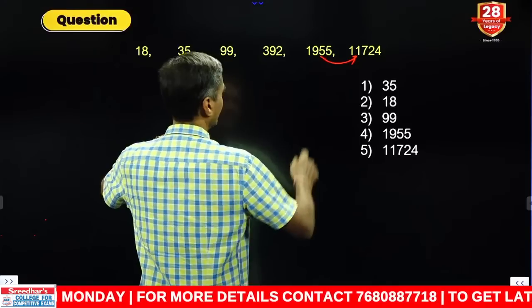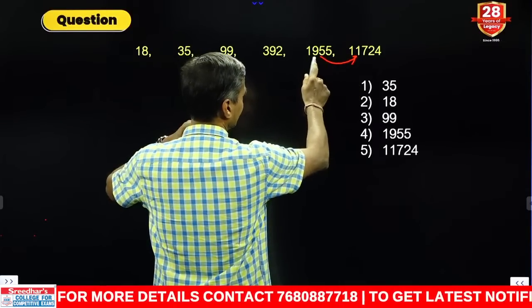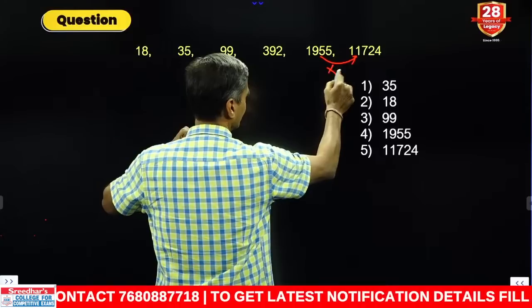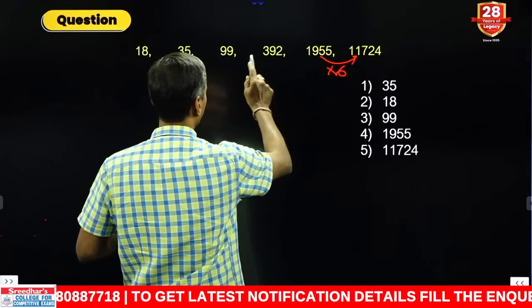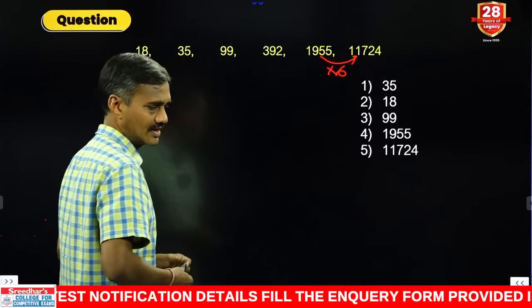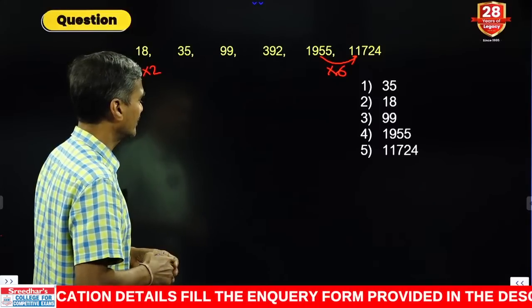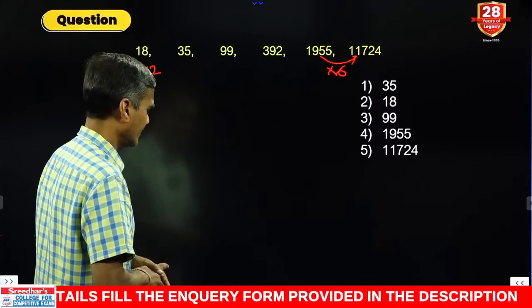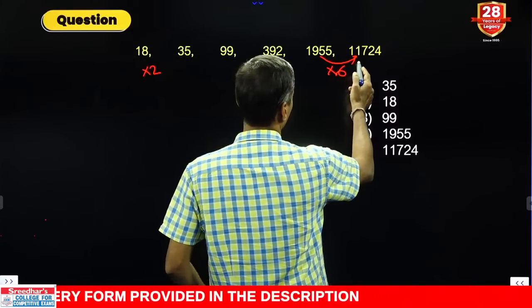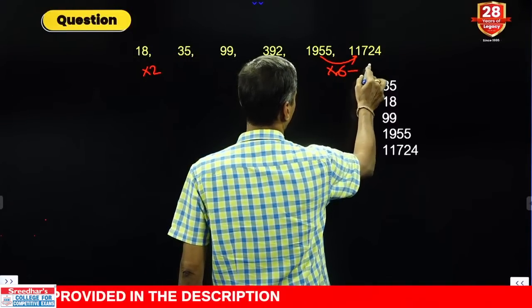Now here, 1955 is almost 2000, and this is 11,000, which means into 6, isn't it? Now this is into 6, into 5, into 4, into 3, into 2. Hence here it must be into 2. Clear? Now here, 1955 into 6 is 11730, minus 6.